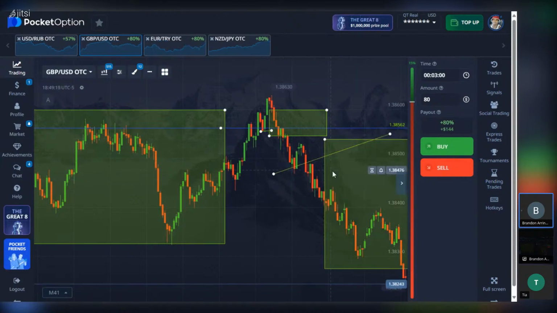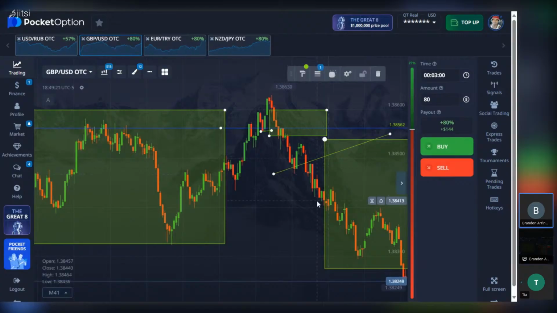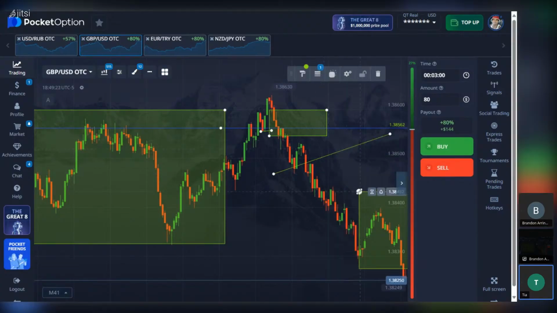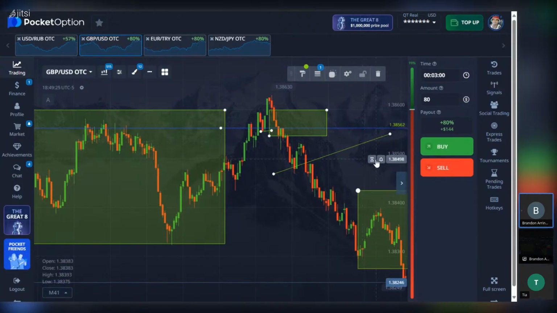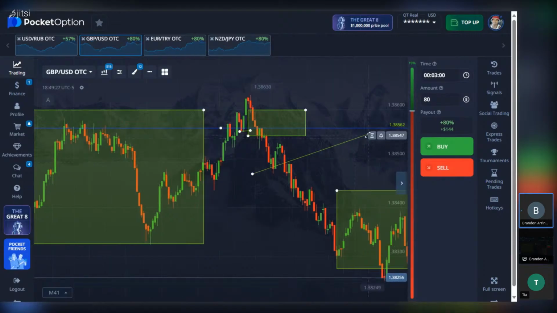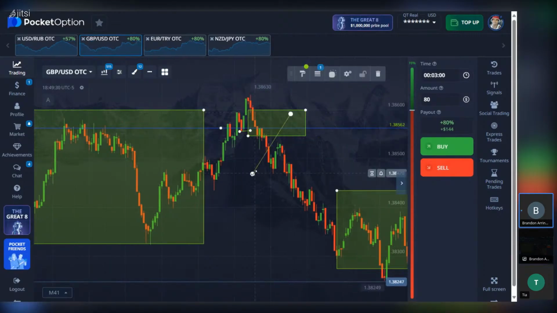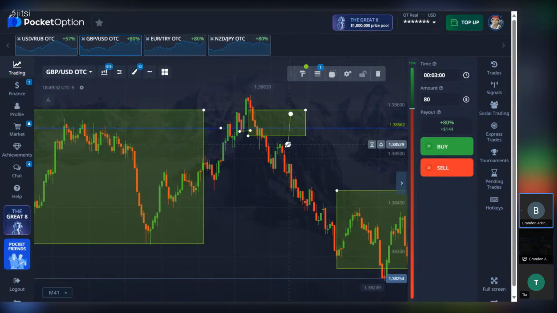I don't like the drawing tools on here. That's why I like TradingView, I know how to move all this stuff. So say you sell it right here at this blue line and price just kept going higher.